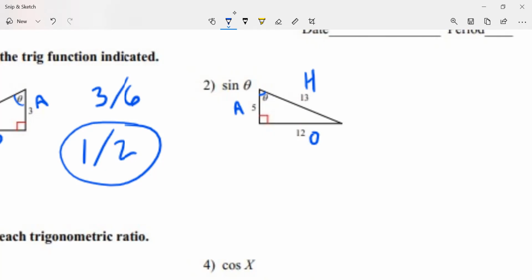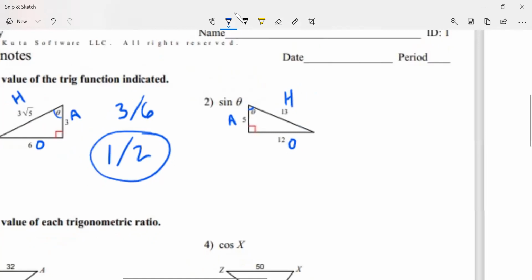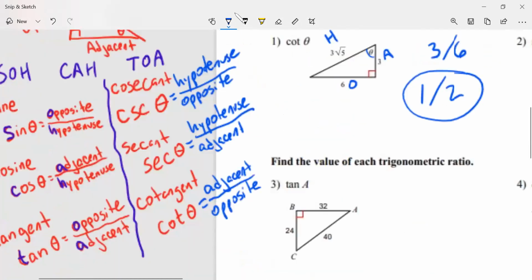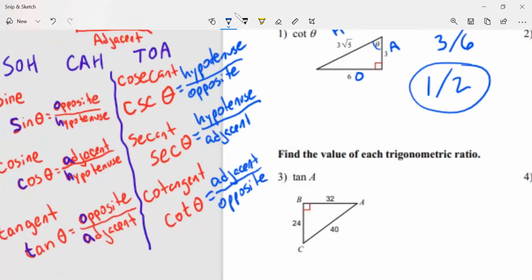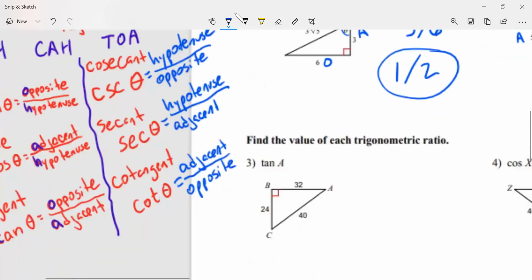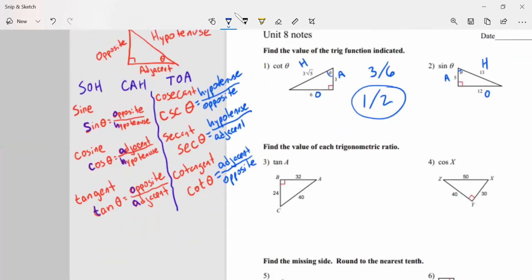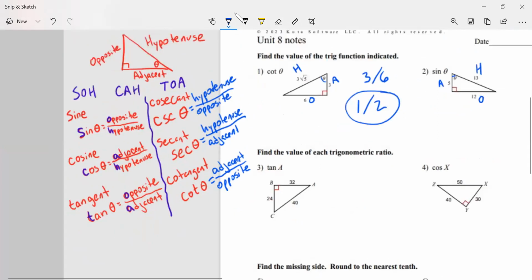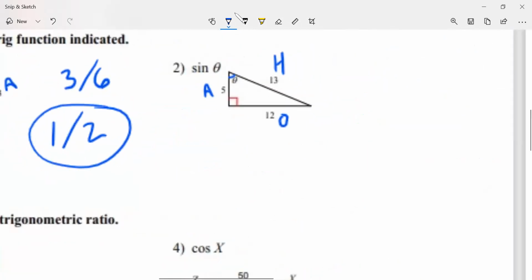The chart said the sine was opposite over hypotenuse. When I mean chart, I'm talking about this right here. So from now on, if I say chart, this is what I'm talking about. Okay, so now sine, I know is opposite over hypotenuse. So in this case, 12 over 13.